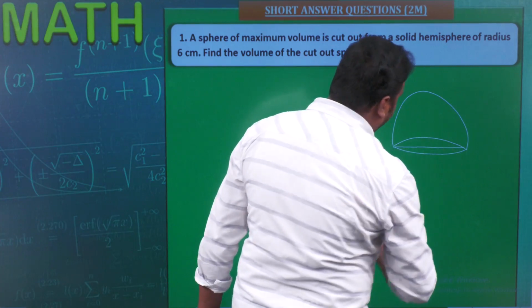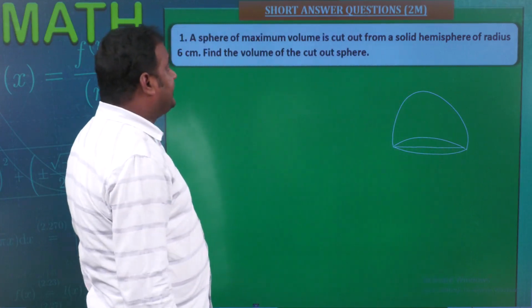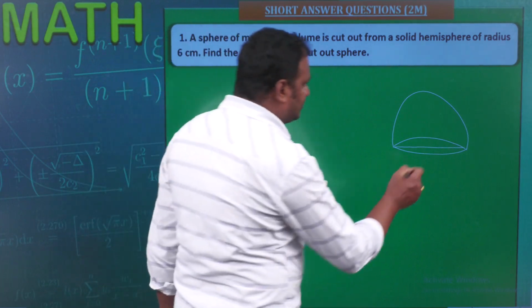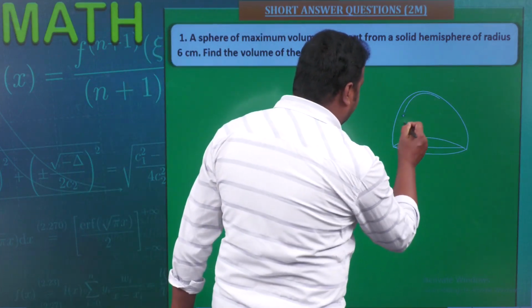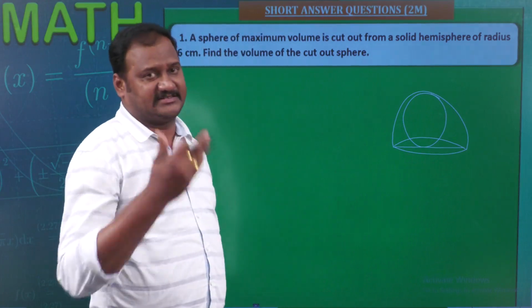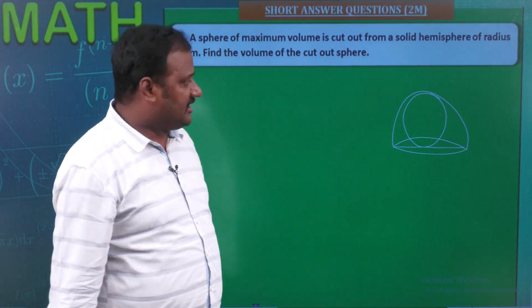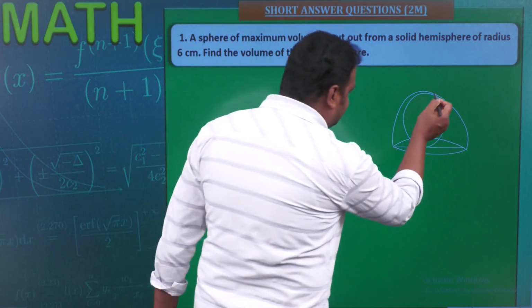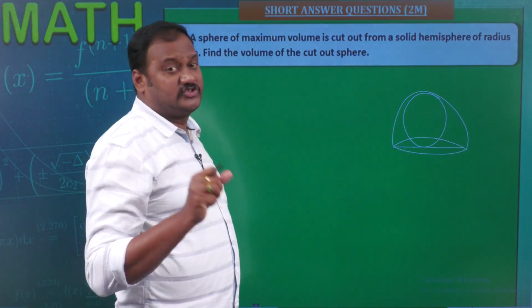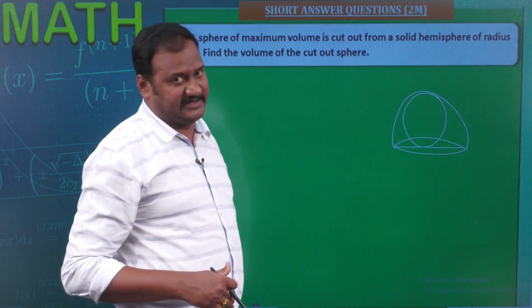From this solid hemisphere, a sphere of maximum volume is cut out. A sphere of maximum volume means the sphere should definitely touch the base as well as the top, right? So this is the maximum volume of the sphere cut out from the solid hemisphere.